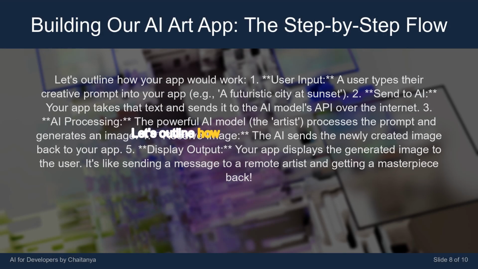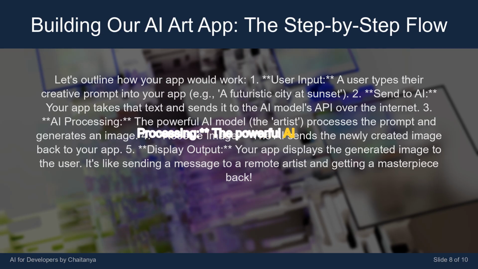Let's outline how your app would work. 1. User input. A user types their creative prompt into your app, e.g., a futuristic city at sunset. 2. Send to AI. Your app takes that text and sends it to the AI model's API over the internet. 3. AI processing.